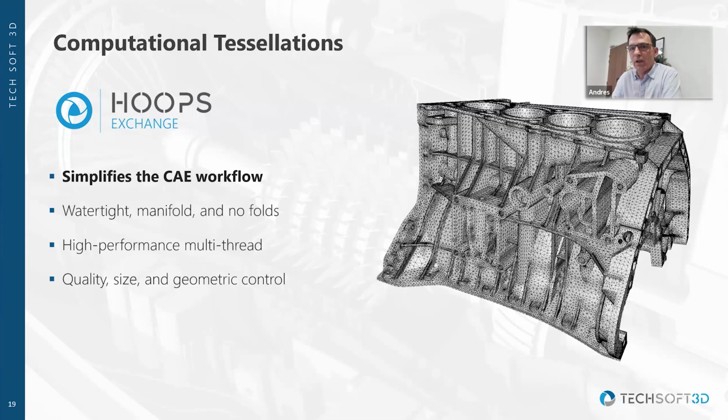As we all know, for meshing, tessellations have to satisfy a number of conditions, and this is the object of the development, to provide watertight, manifold tessellations without any self-intersection. The idea is to implement this in multi-threading. There's also the idea to see how much meshing is being done here, and we do have the technology in CEETRON Mesh. We are looking at providing the ability to control to some extent the quality, the size of the elements, and also the geometric fidelity of the entire surface.